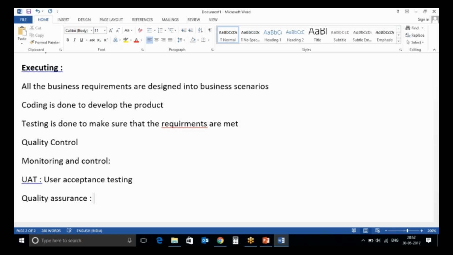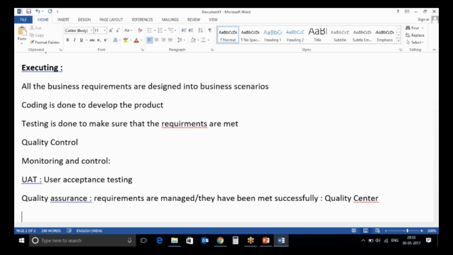comes into the picture because your requirements are managed, and how they are managed, we make sure that they have been met successfully. So you keep track of everything in Quality Center. Let's say there were 5 test cases written to accomplish one business requirement.